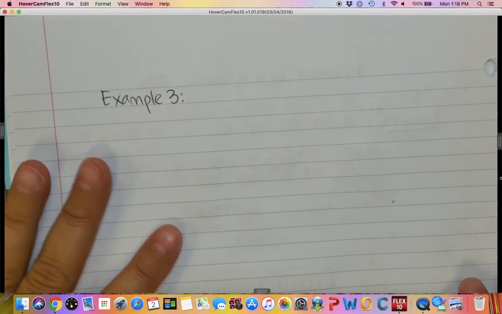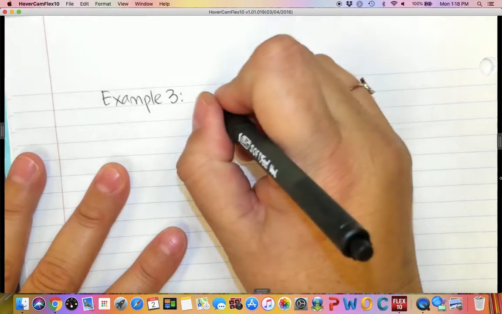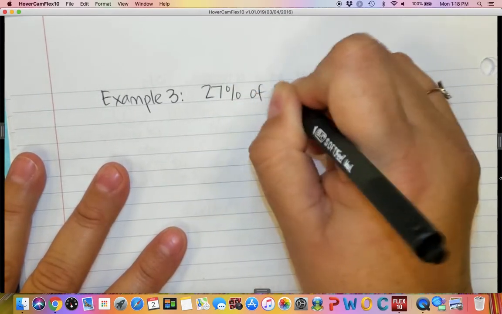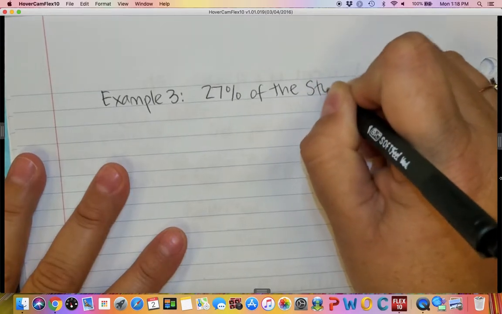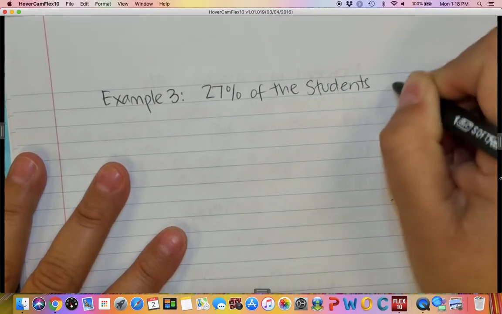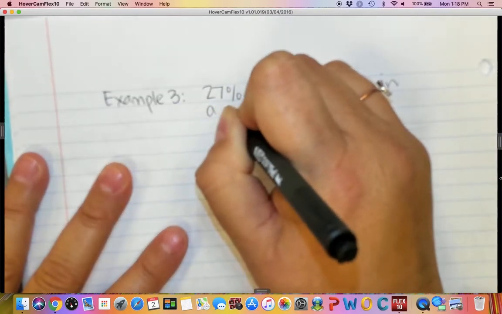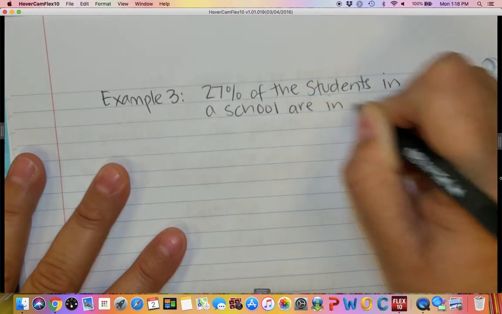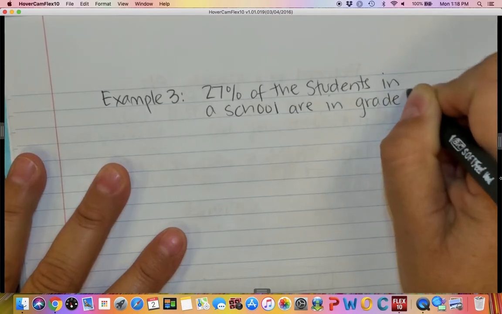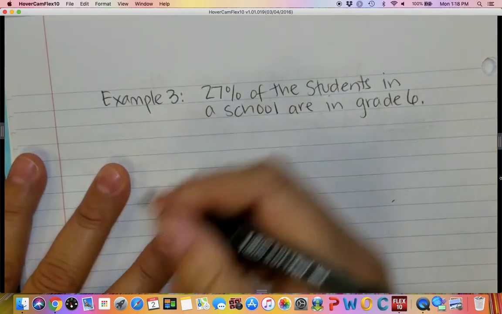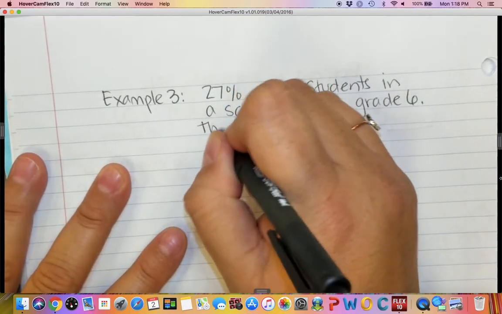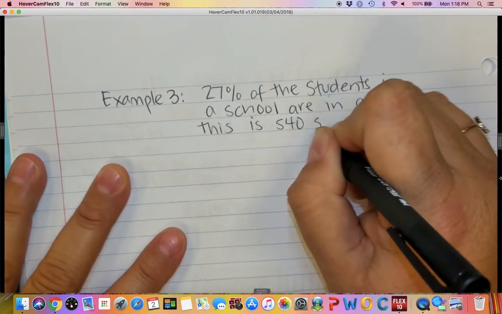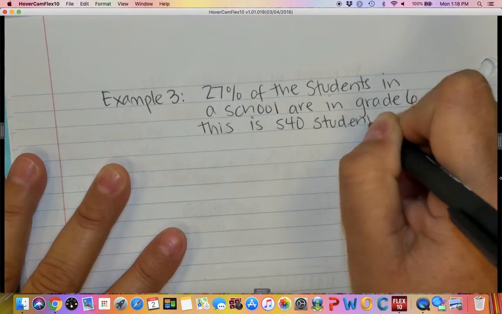And this one's going to be a word problem. 27% of the students in a school are in grade 6. This is 540 students.